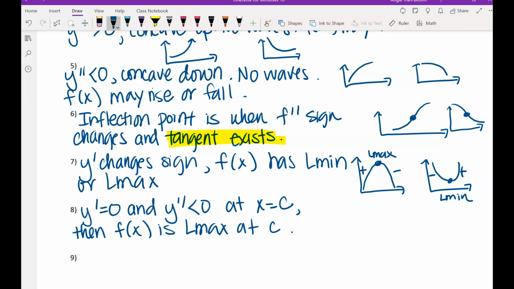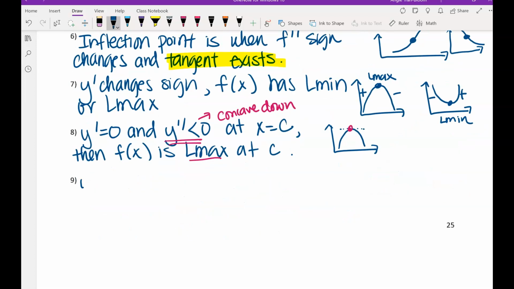So y prime equals 0, meaning that you have a horizontal tangent, right? And if this is talking about the double derivative, that's talking about concavity downward. So concave down. If it's talking about concave down, then obviously this will be a local max.